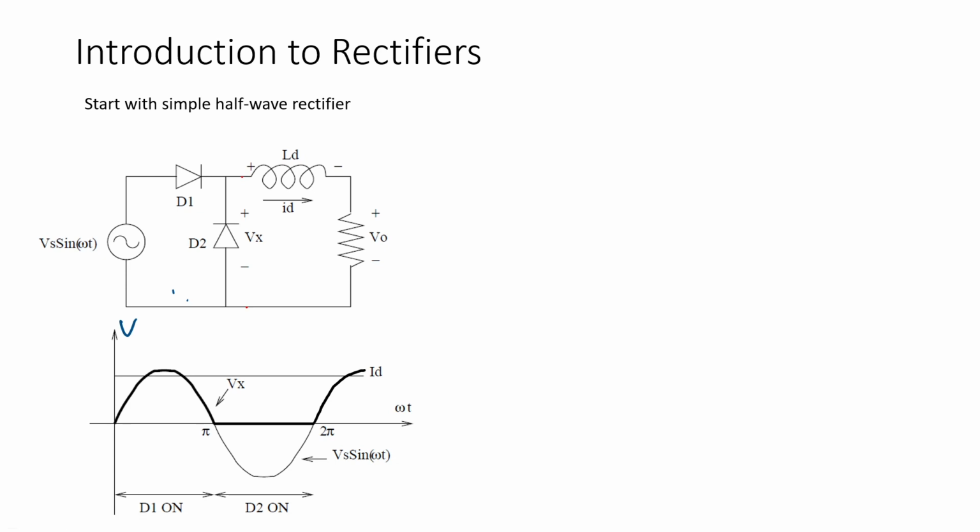Then because VH is the source for the DC side, right? This is the DC side, and VH would be the source for the DC side. Then we can find that the average voltage on the load is the same as the average voltage of VH. Why is that? Because the average voltage of the inductor is 0.